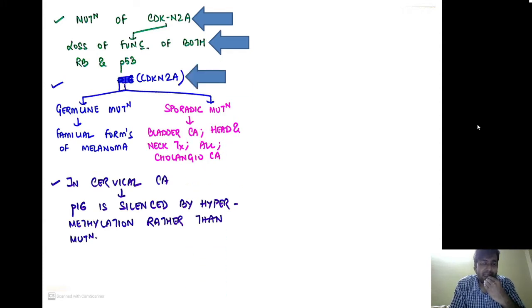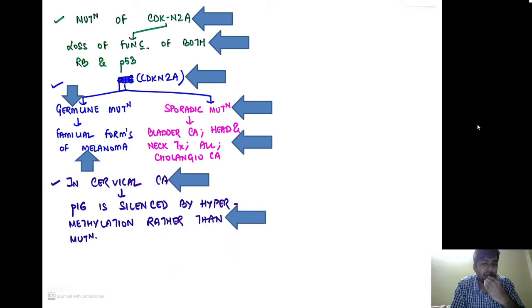Okay, so CDKN2A, when it has germline mutations, it is going to lead to familial forms of melanoma, whereas the sporadic mutations lead to bladder carcinomas, head and neck tumors, ALL, that is acute lymphoblastic lymphoma, as well as cholangiocarcinomas. In cervical carcinomas, the P16 function is silenced by hypermethylation rather than mutation.